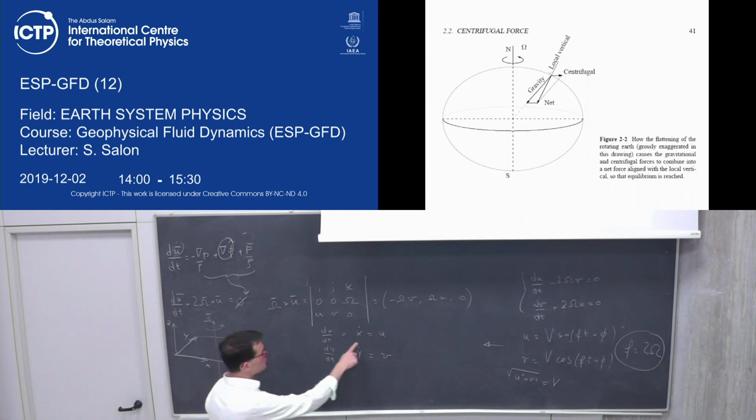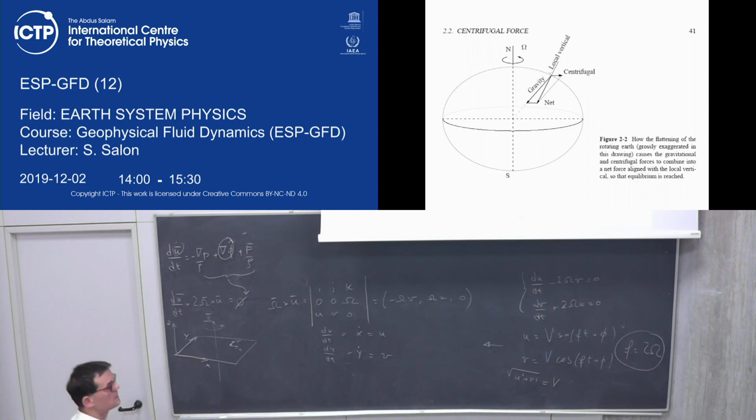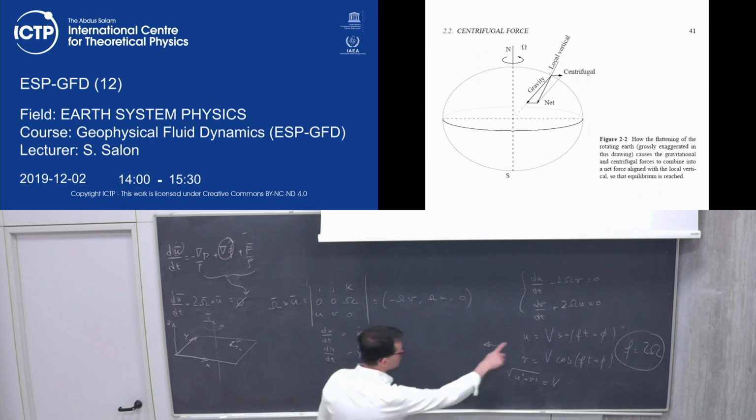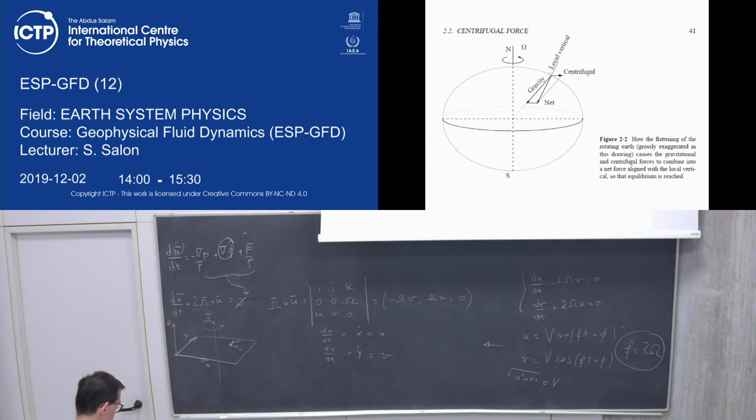And again, if I apply the integration to the two components of velocity, I will have x equal to x0, again another integration constant, minus capital V over f cosine of (ft plus phi), and y, which is y0 plus V over f sine of (ft plus phi). Okay.